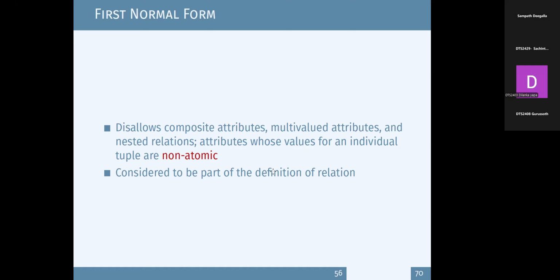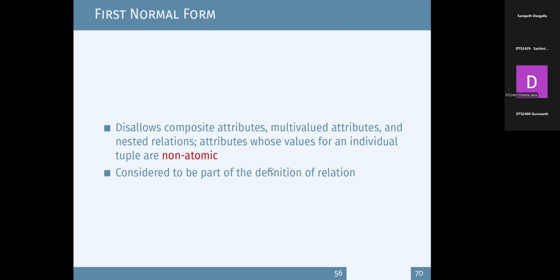So let's say you have a multi-valued attribute. A multi-valued attribute means that you have multiple values. For example, the color of a car. Nowadays, you can have multiple values, let's say black and white. So you cannot have both values in the same place. That's what it means. So first normal form disallows composite attributes, multi-valued attributes, and any nested relations.